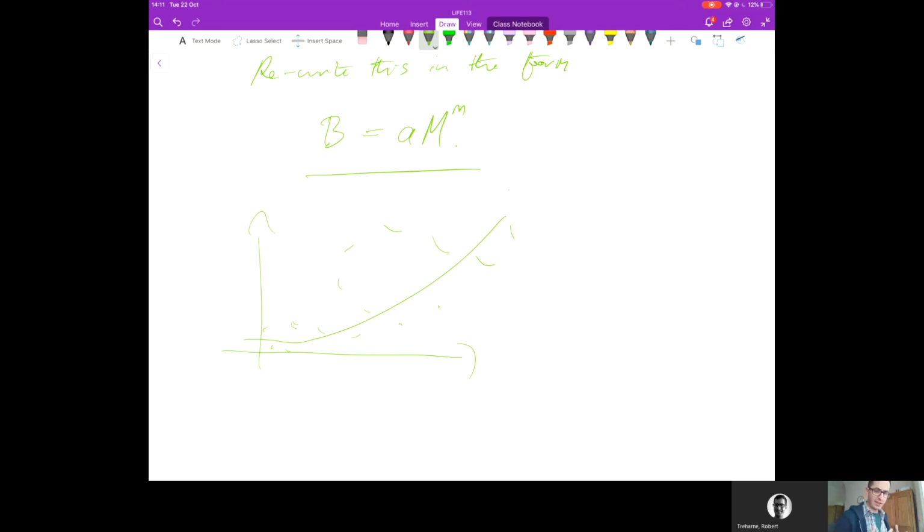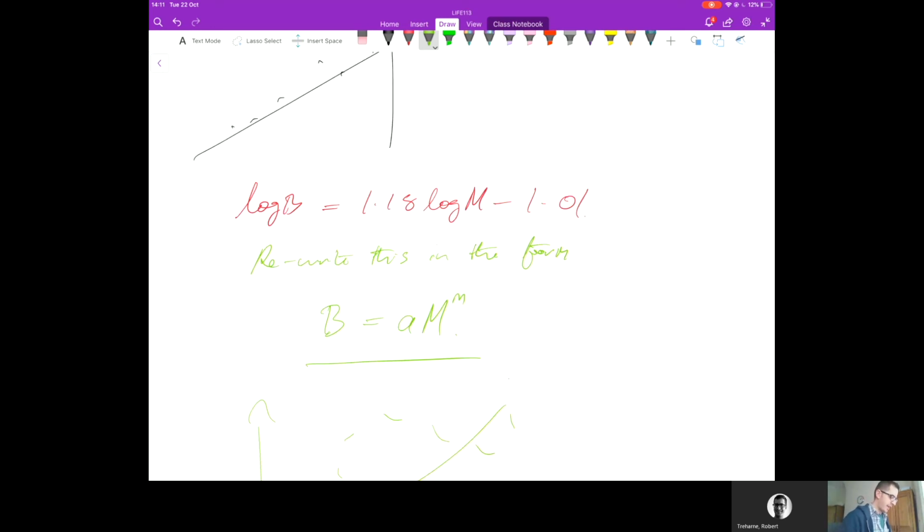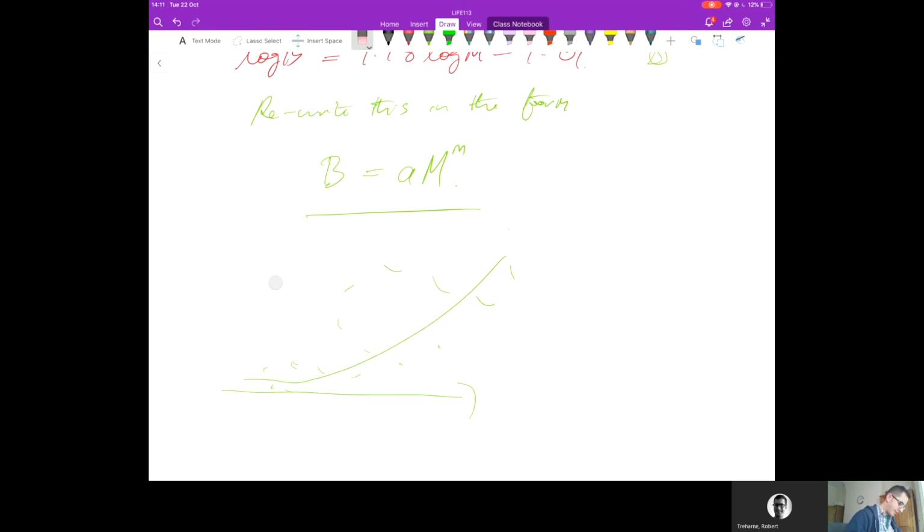So we've taken the logs. How do I rewrite this in a power law form? There's something I want to do first. I'm going to get rid of this, it's a bit of a mess, isn't it?